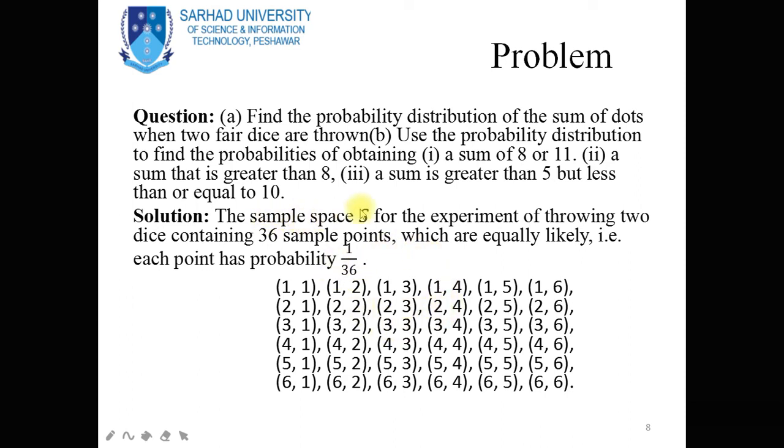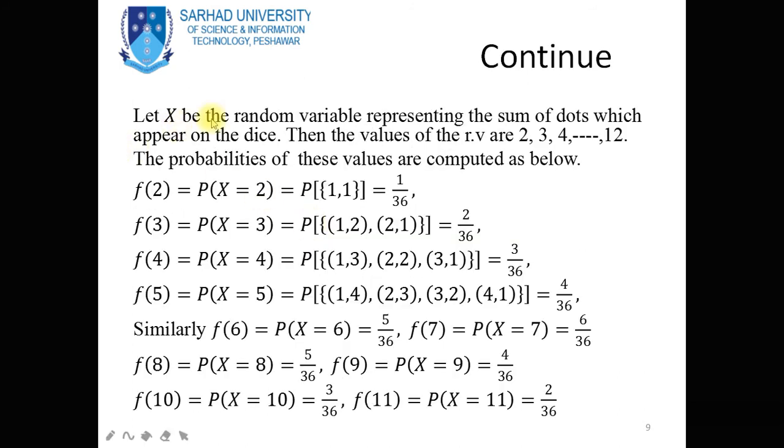Now the sample space for this experiment of throwing two dice contains 36 sample points. Sample points mean the outcomes in the sample space, which are equally likely, that is, each point has probability 1 over 36. Now our random variable in the first part, to find the probability distribution of the sum of the dots: let X be the random variable representing the sum of the dots which appear on the dice.